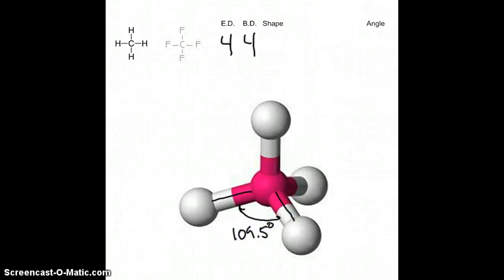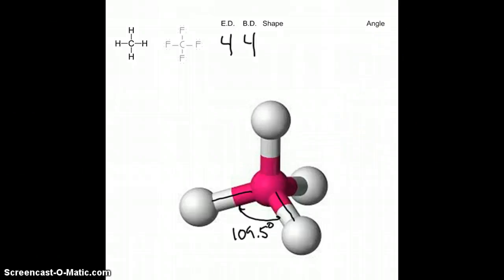And that's true for the most part anytime something has 4 electron domains around the central atom, because you're pushing all 4 electron domains as far away from each other as possible. So whether there's a bond in it or a free electron pair in there, the bond angle should be somewhere right around 109.5.